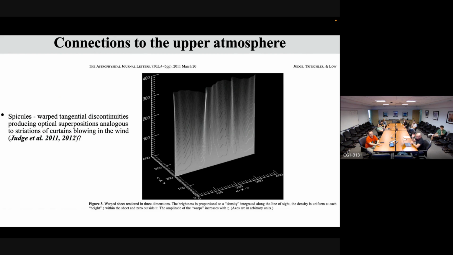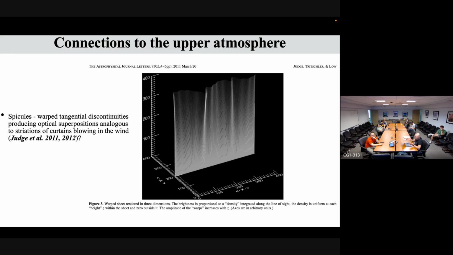In that paper, the authors suggested that spicules, well, at least some spicules, could be warped tangential discontinuities that produce optical superposition, like striations in a curtain blowing in the wind or moving for whatever reason. The follow-up paper, Judge et al., has lots of discussions and some very strong arguments to support this hypothesis.